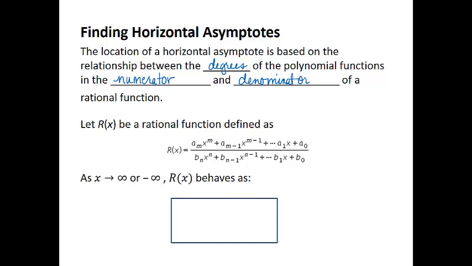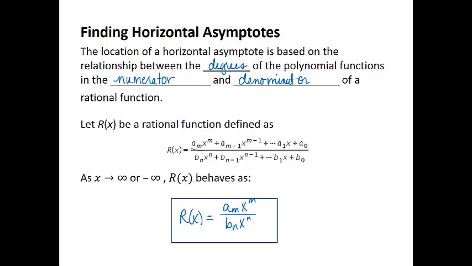As x goes to infinity or negative infinity, r of x behaves as r of x equals a sub m x to the m divided by b sub n x to the n.